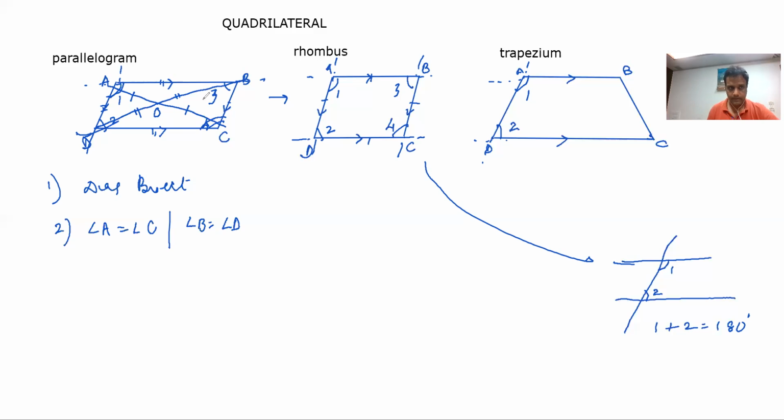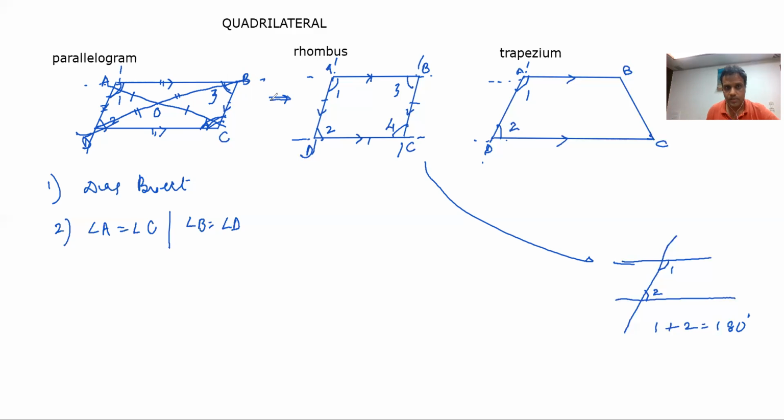So quickly summarizing, opposite lines are parallel. Second, the internal angle sum is 180. Third, the diagonals bisect each other, right?